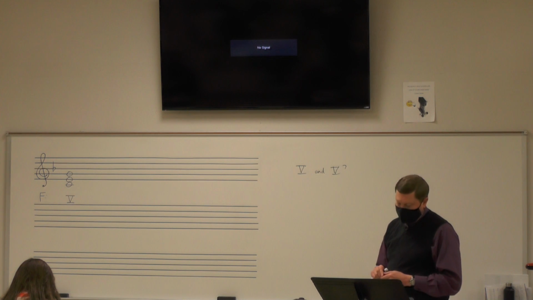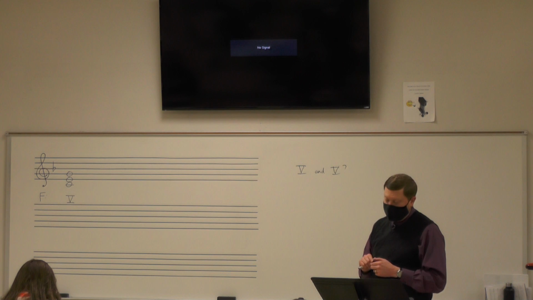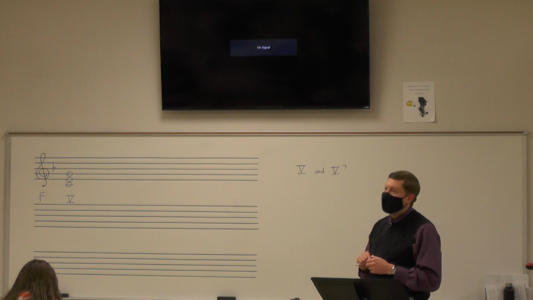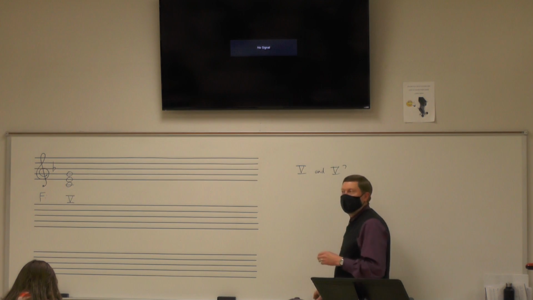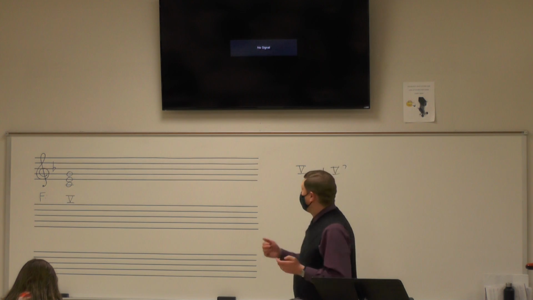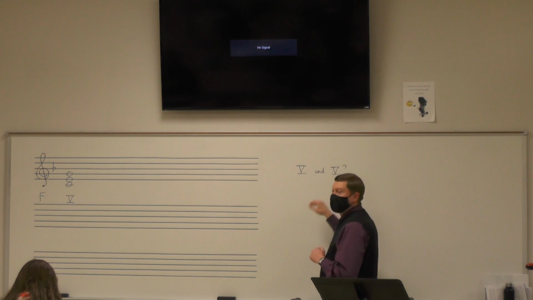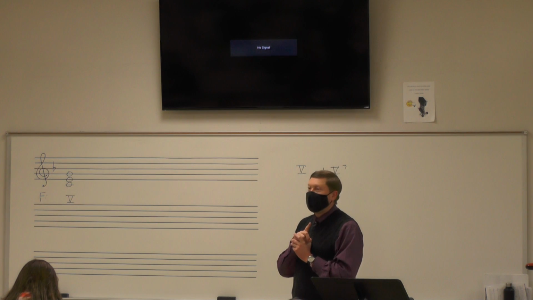The 5th of the chord, if you think about it, is really the only chord member that can be tampered with without changing the identity or the function of the dominant. Because the dominant needs its root, its root is the dominant scale degree. You can't mess with that. The 3rd of a dominant or dominant 7th chord is the leading tone of the key. You can't mess with that or it won't have dominant function.